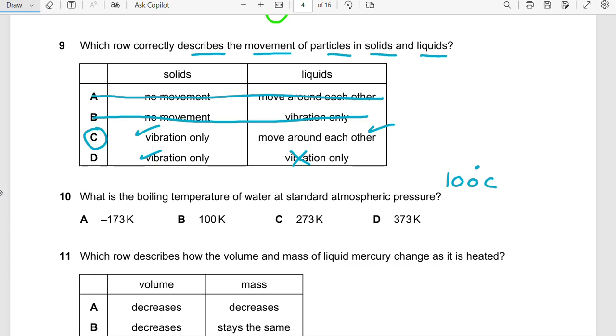We already know that temperature in Kelvin is equal to the temperature in Celsius plus 273. So we add 100 plus 273, it will give me 373, and the option is D. I hope it's clear.